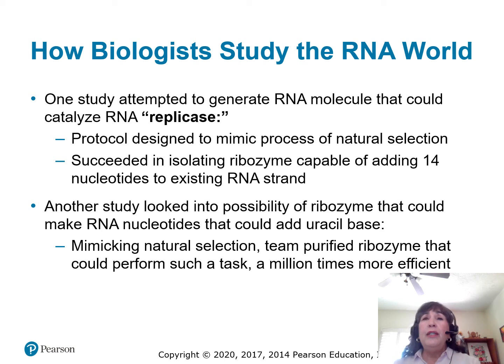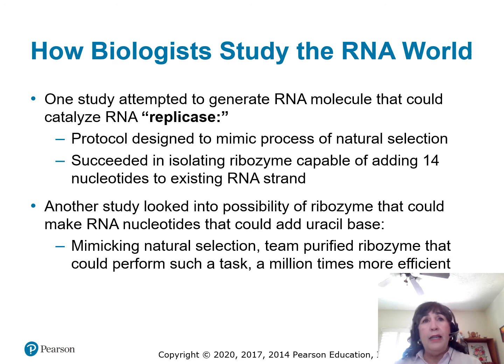So it isn't just a theory. They've done several experiments, and these experiments show that through natural selection, or should we say artificial selection in the lab, we can get RNA to improve its replication ability, to improve its ability as a ribozyme. In one study, they generated RNA molecules that could catalyze an RNA reaction, and this one was with replicase, a type of RNA.